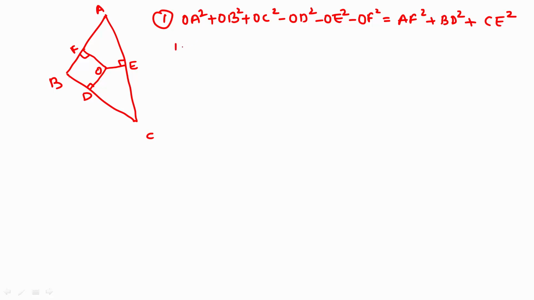And second, we have to prove AF square plus BD square plus CE square is equal to AE square plus CD square plus BF square.